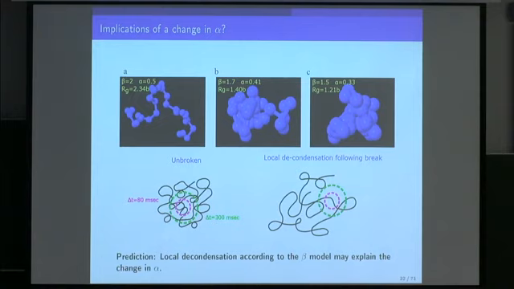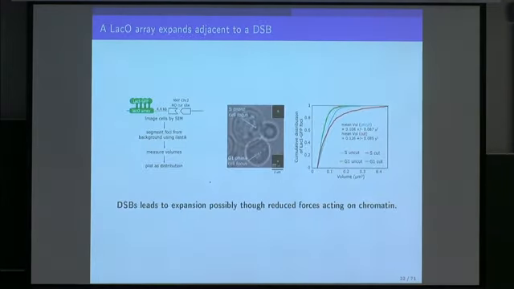So yeah, this was our prediction that the change in alpha may have to do with changes in beta that would lead, going here, to local decondensation. So we wanted to see if this was true, and what we did was a super resolution experiment of our system. Like I told you, there is this LacO array here. There are many repeats, and this gives you a certain spot.